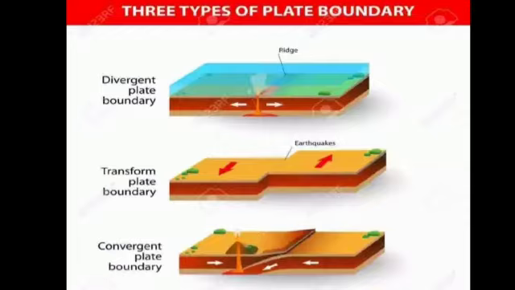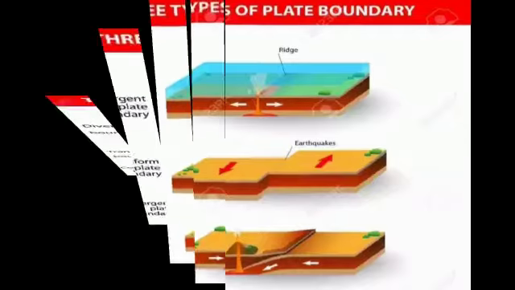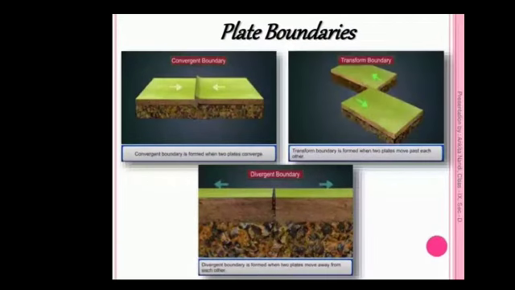In the event of 2 plates coming together, they may either collide and crumble, or one may slide under the other. At times, they may also move horizontally past each other and form a transform boundary.